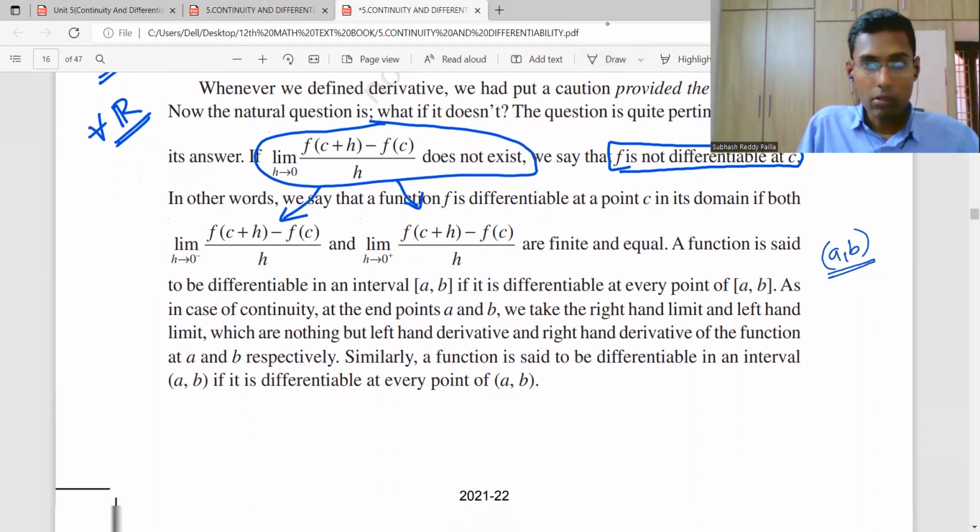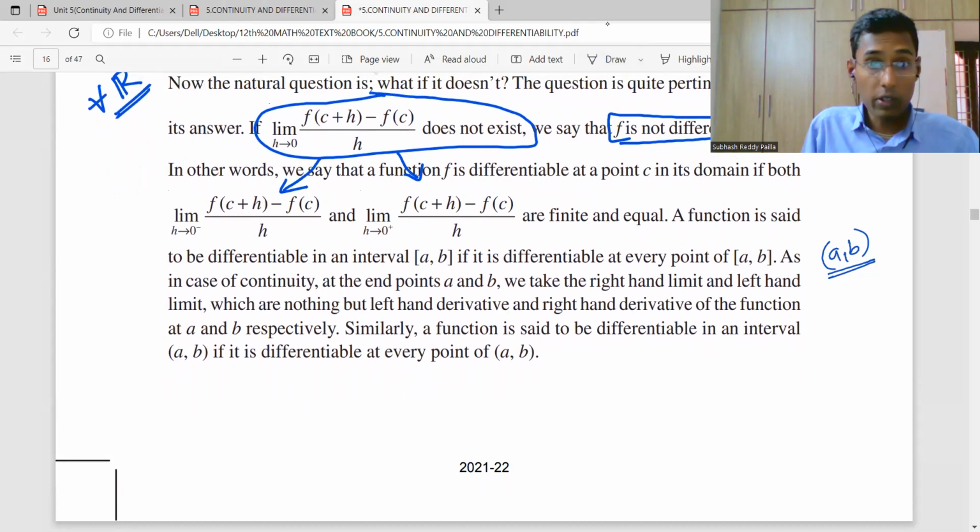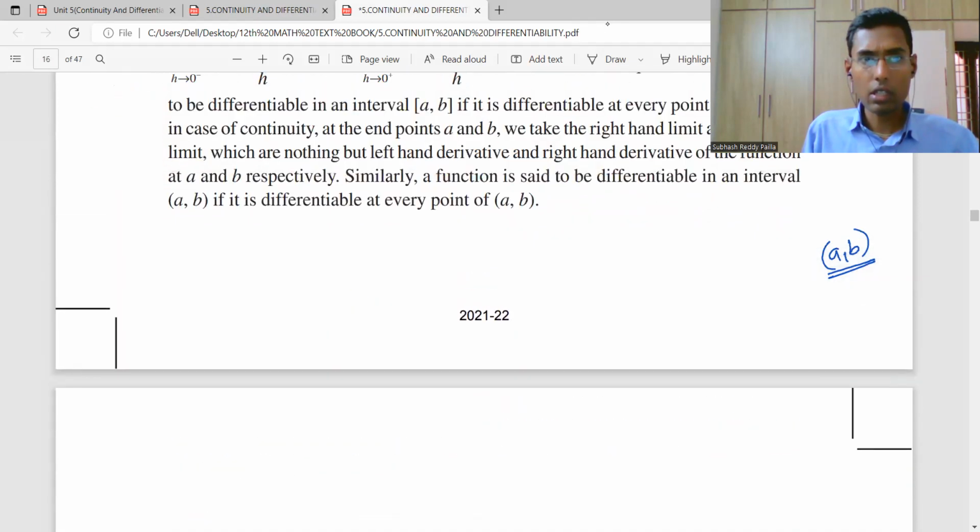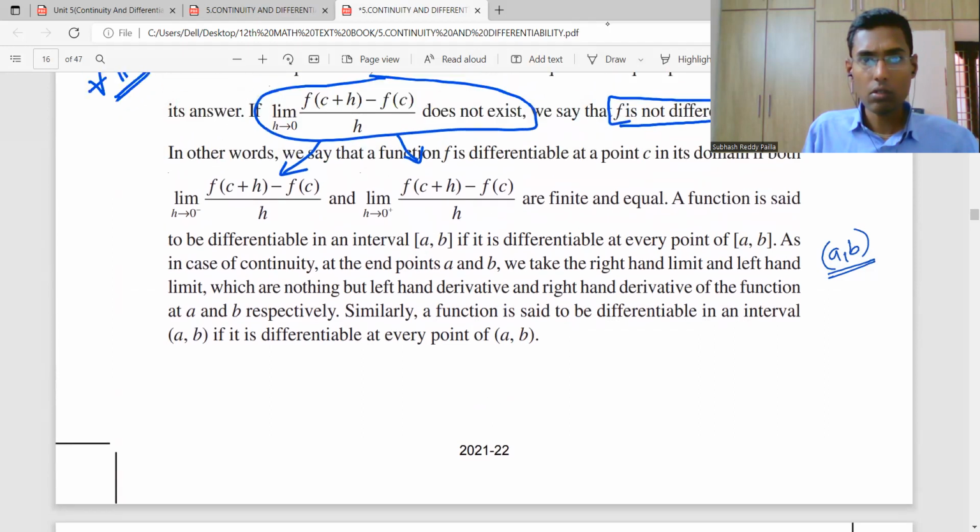And a function is said to be differentiable in a closed interval a to b if it is differentiable at every point of the closed interval a to b, same as in the case of continuity. I think that is clear, right?